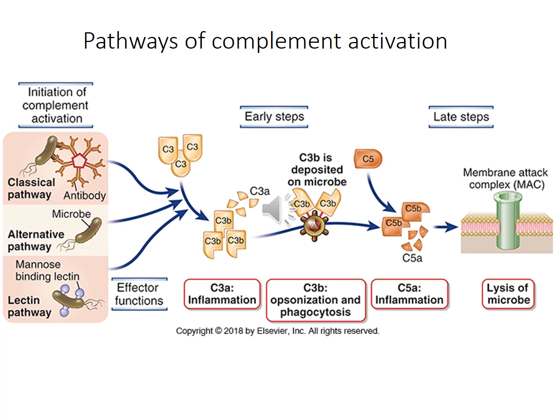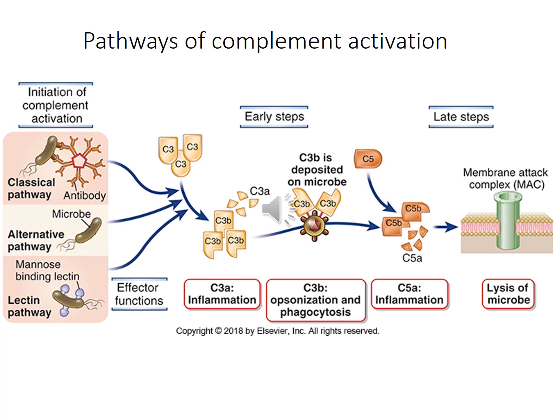C3b then binds other complement proteins to form a protease called the C5 convertase that cleaves C5. And once C5 is cleaved, it generates a small peptide called C5a. C5a has an analogous function to C3a, which is a pro-inflammatory function.